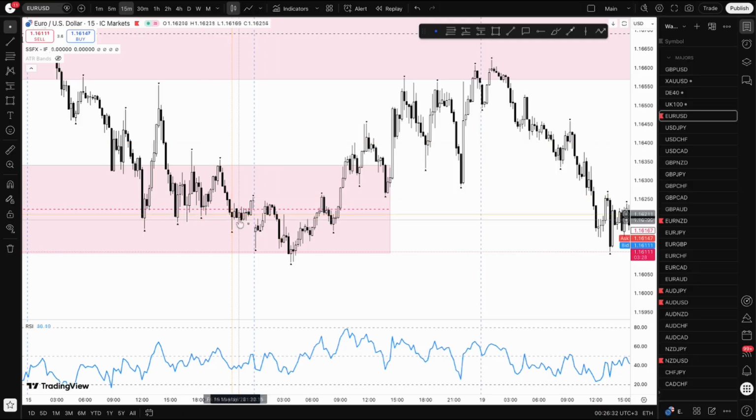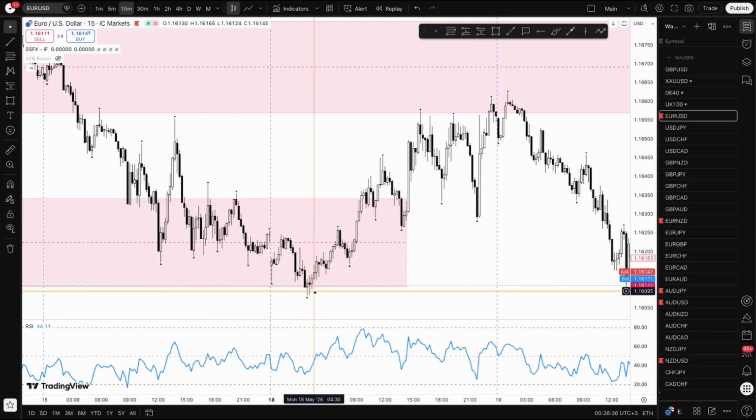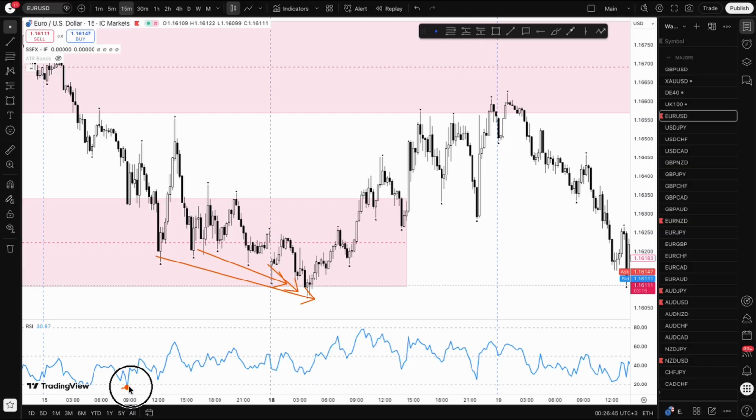Another divergence formed here. We have a low. The market was still heading lower, but if you check this trajectory, the market kept forming multiple divergences. We have multiple divergences here, but the only divergence I would consider valid is the one that occurs below this zone.